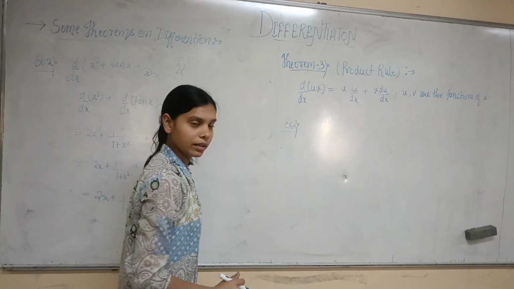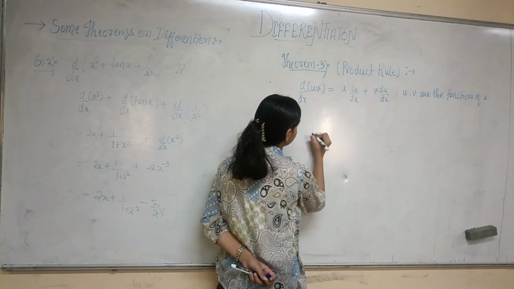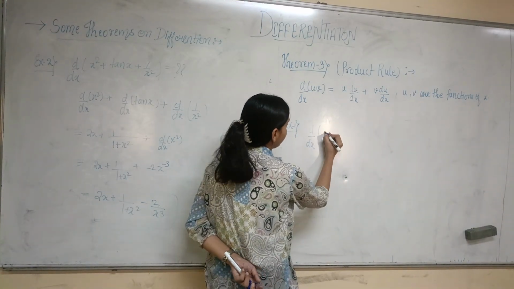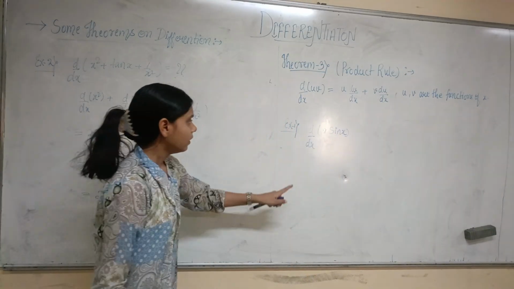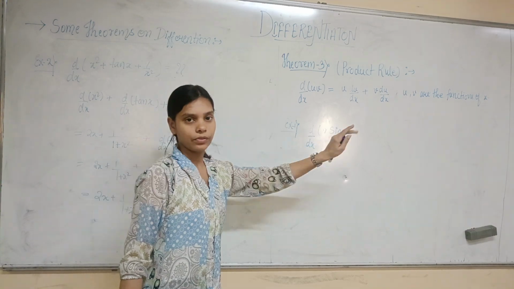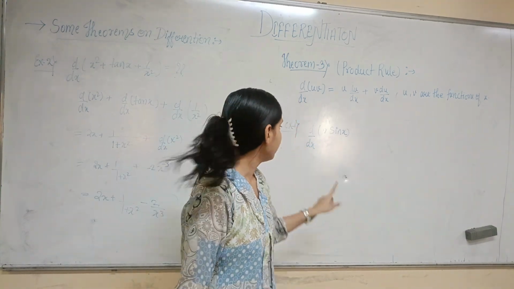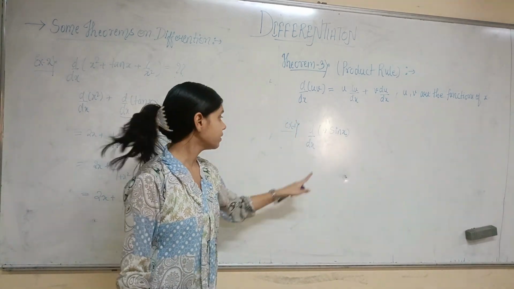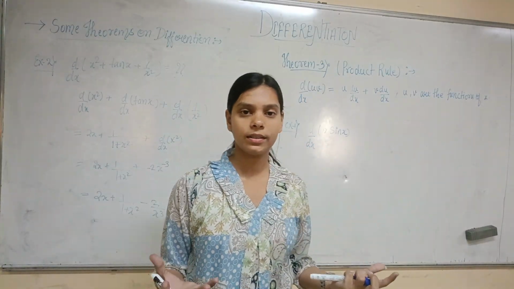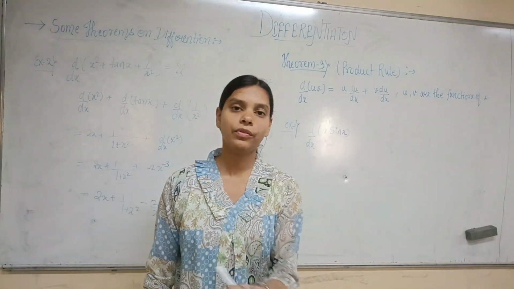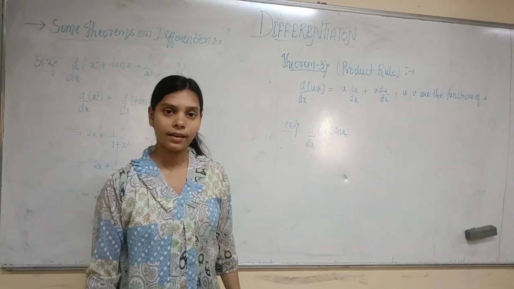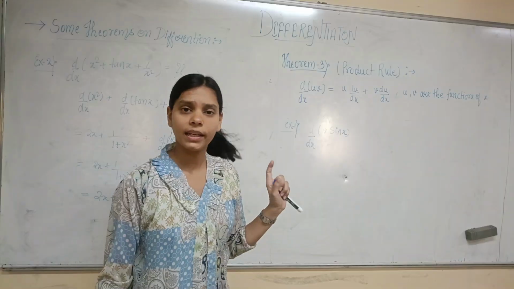Example number 1. d/dx of x sin x. I want the derivative of the function x sin x. Here u is equal to, tell me anyone, in place of u what will be the function? Exactly, x is given. And in place of v, sin x is given.